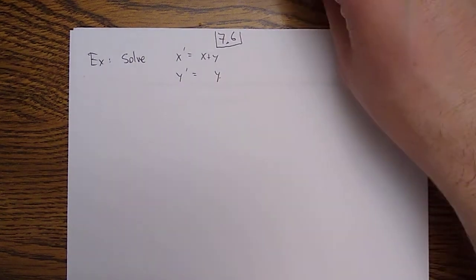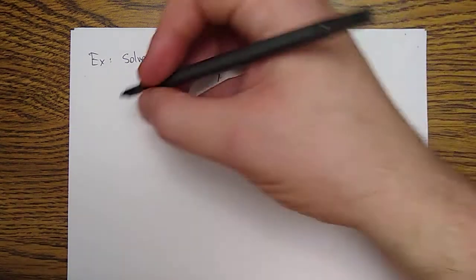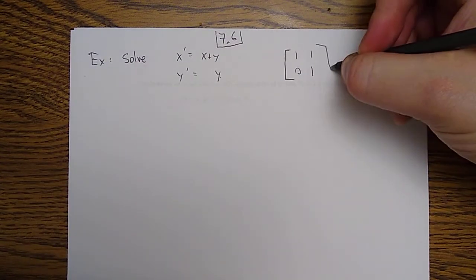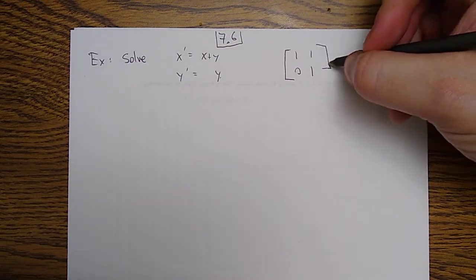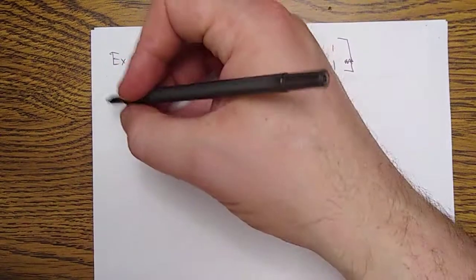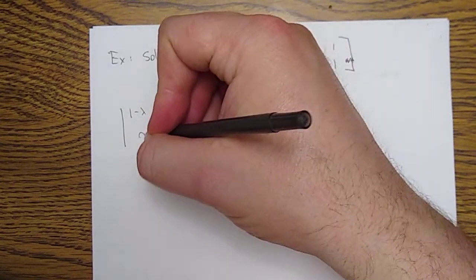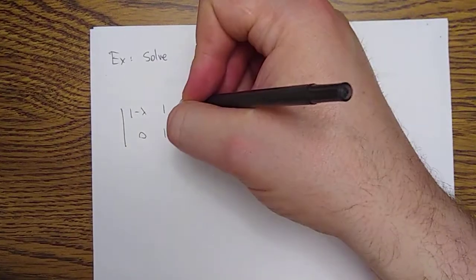And let me start. I'm going to teach through this example. So let's just try to do our thing on this. The matrix A would just be these coefficients, so 1, 1, 0, 1. And then I do eigenvalue, eigenvector stuff to this, so I'm doing 1 minus lambda, 1, 0, 1 minus lambda.